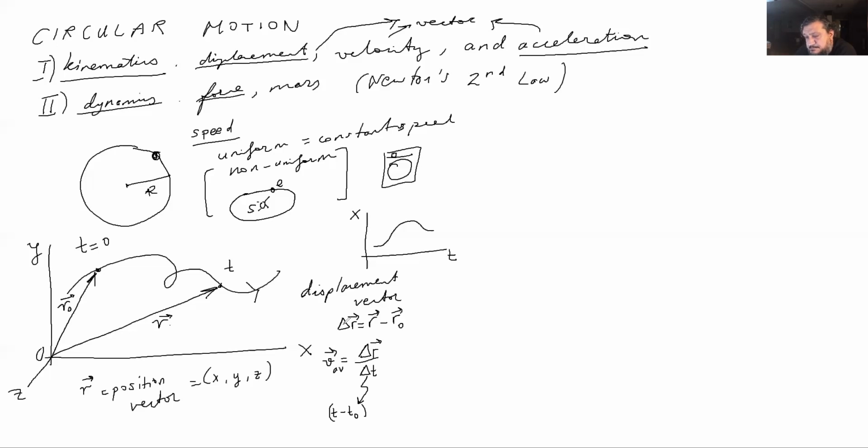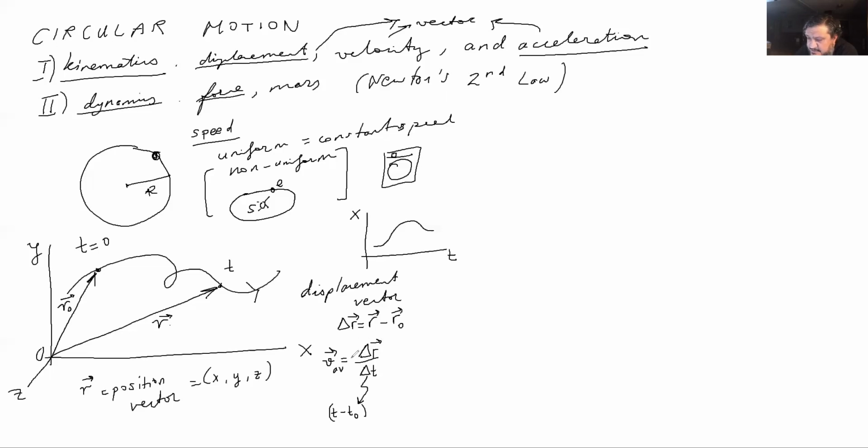And then if you do this for a very short time interval, so you move just a little bit, we're going to call this ratio the instantaneous velocity vector. It's only the average right now.